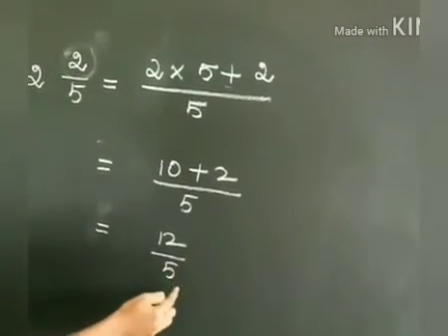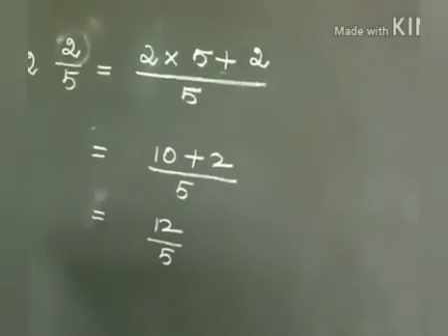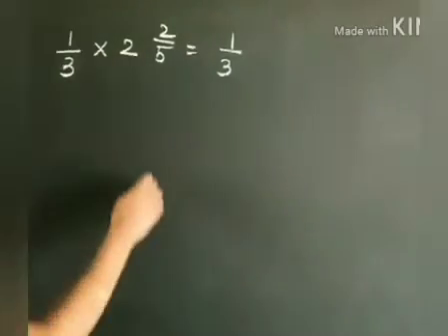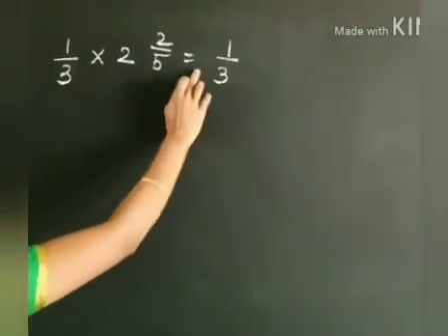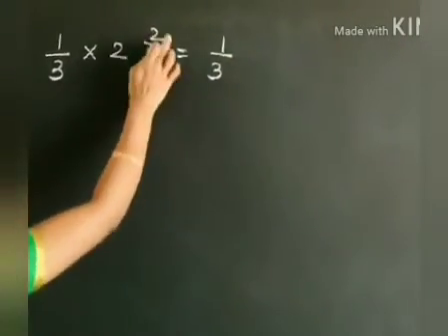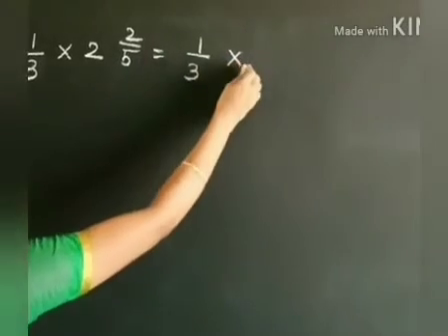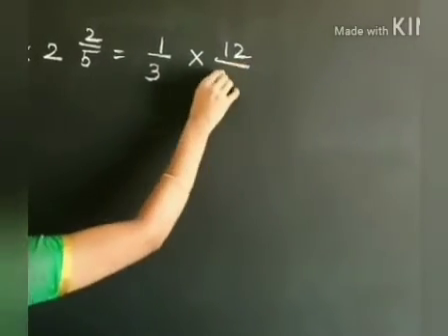We get that improper fraction. So let us come to the solution: 1 divided by 3 into this mixed fraction, the improper fraction is 12 divided by 5.